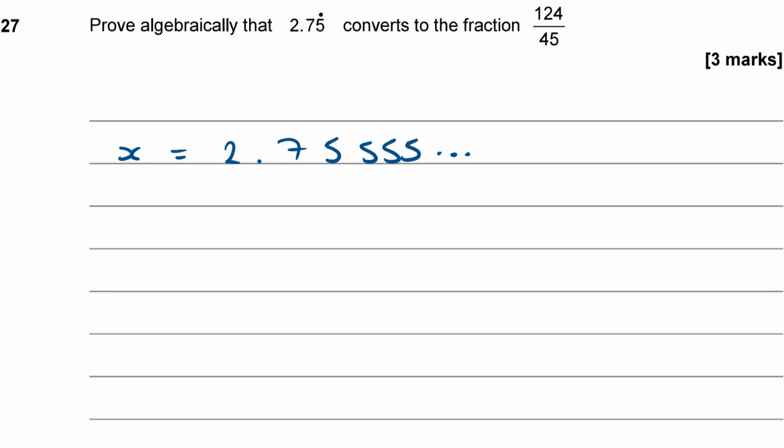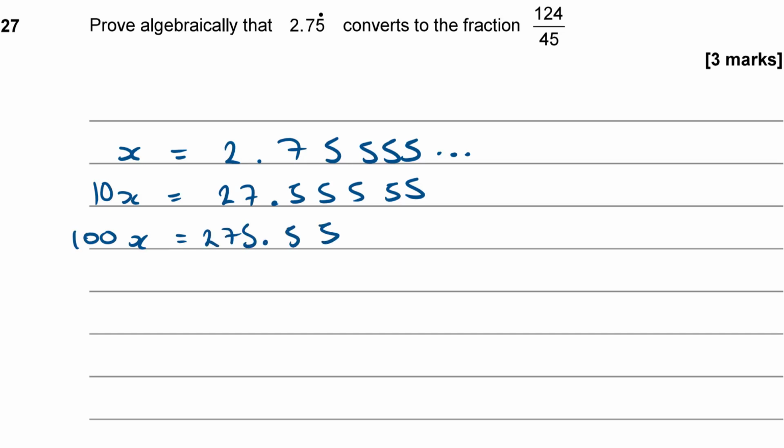Now, if x is 2.75555555, then 10x is going to be 27.55555, and 100x is going to be 275.55555. Yeah? These go on forever, don't they?